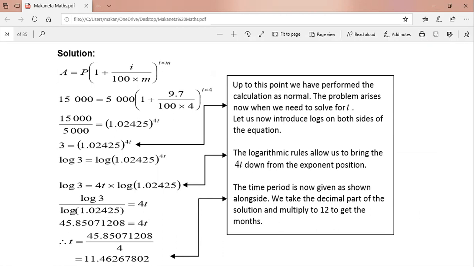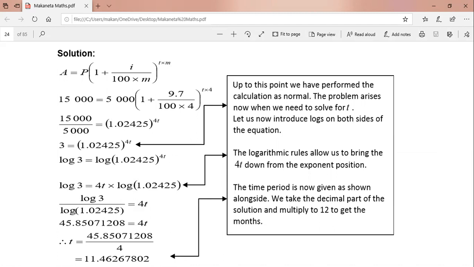So basically the logs come into play because your unknown there is an exponent. So if you multiply t by m, the time multiplied by the number of times, which is 4 because it's quarterly, then you will see that the t there will be 11.46.